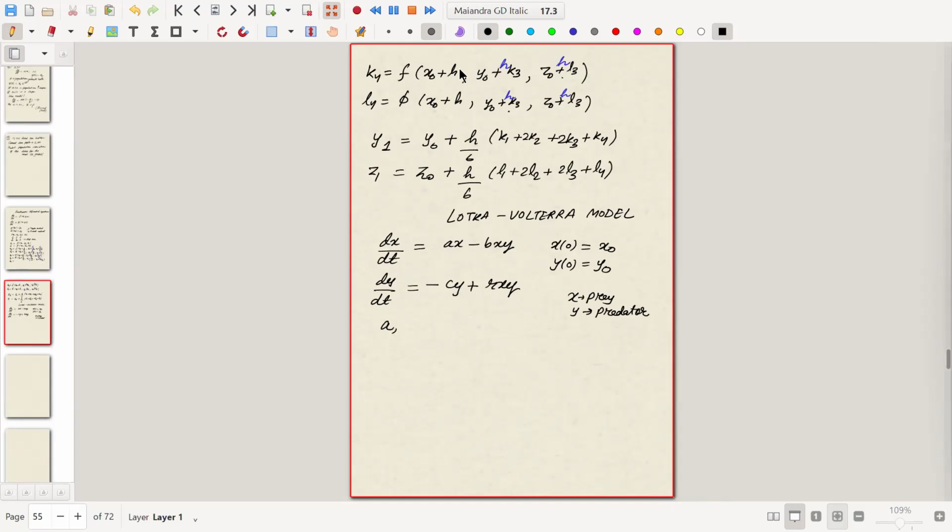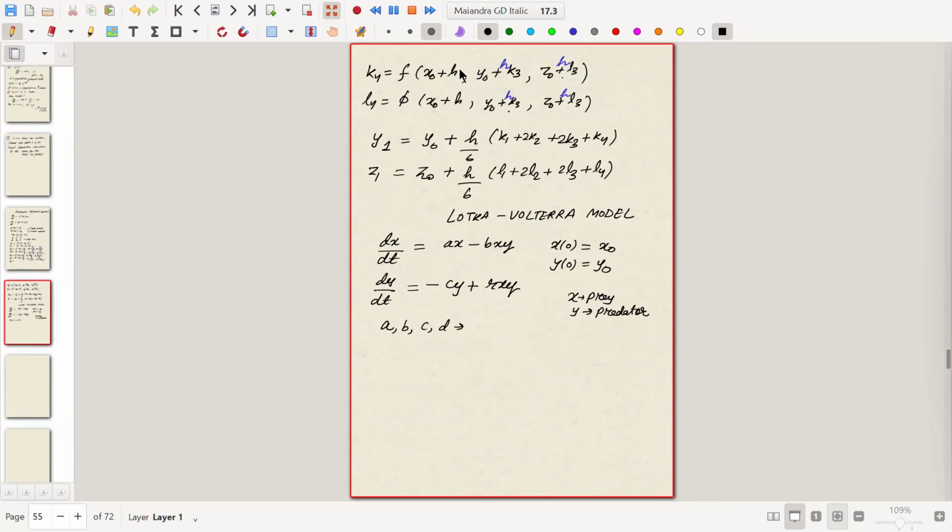From an ecology point of view, A and C represent the prey and predator growth rates, and B and R are the interaction parameters: how the predator interacts with the prey, and how the prey interacts with the predator.